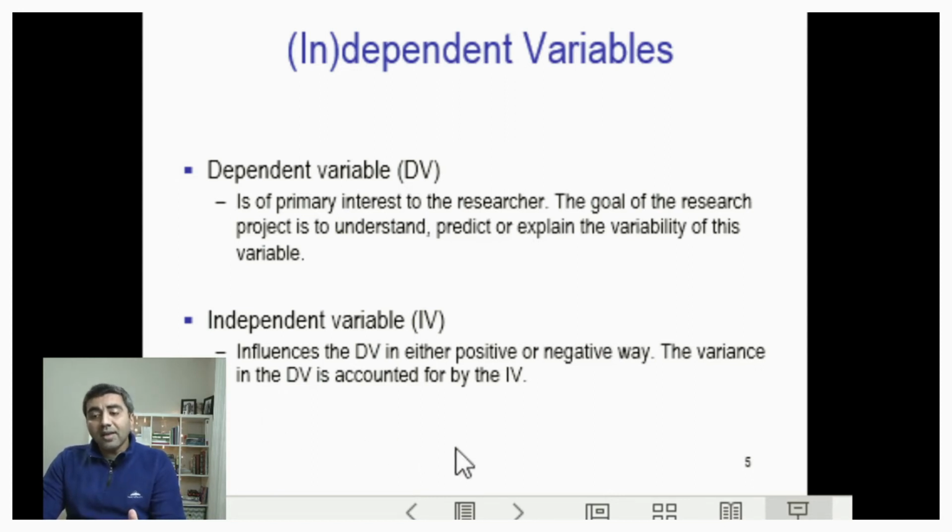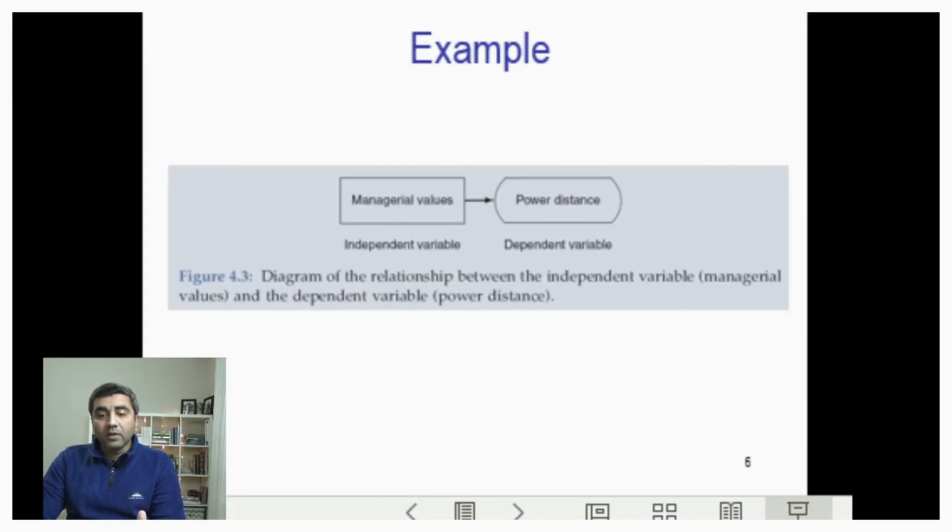Now, this can be a little bit clearer with the help of the following example, where you see that we have power distance as the dependent variable and managerial values as the independent variable. Based on cross-cultural research, managerial values govern the power distance between superiors and subordinates.